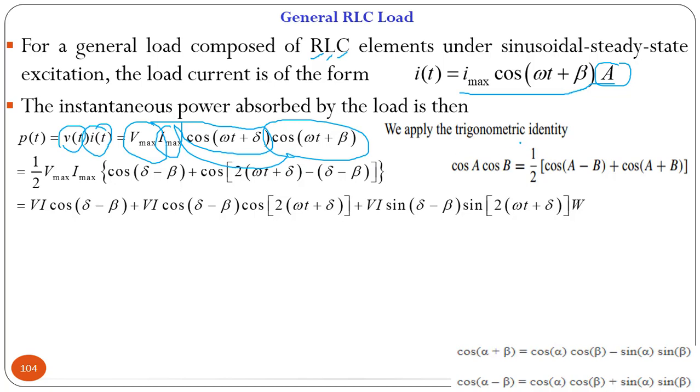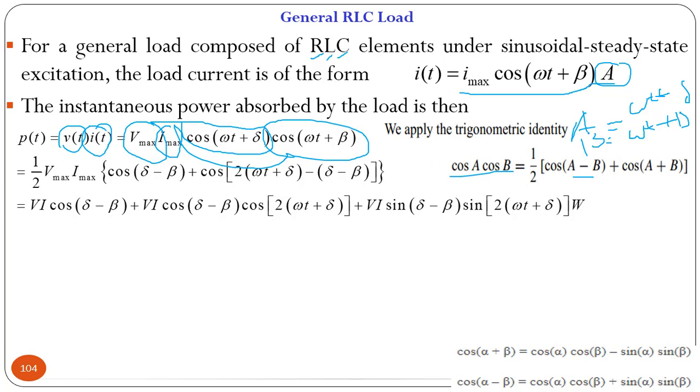So by applying the trigonometric identity, cosine A cosine B is equal to half of cosine of A minus B plus half of cosine of A plus B. Let A be equal to omega t plus sigma and B be equal to omega t plus beta.